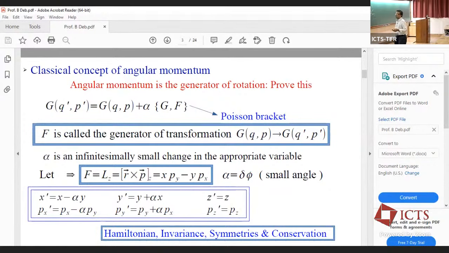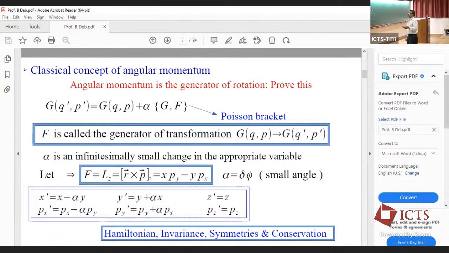I'm measuring this function in one frame, and then I rotate the frame. The original frame is QP, and then I have the rotated one. In classical mechanics, the two functions are related by this, where alpha is a small quantity, infinitesimally small in the sense of calculus.